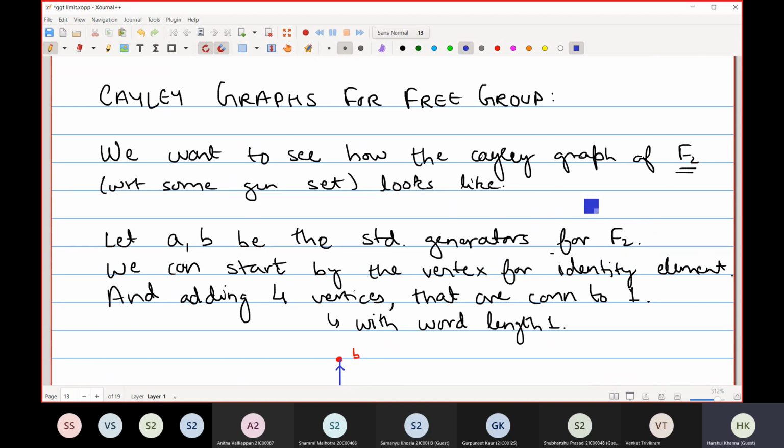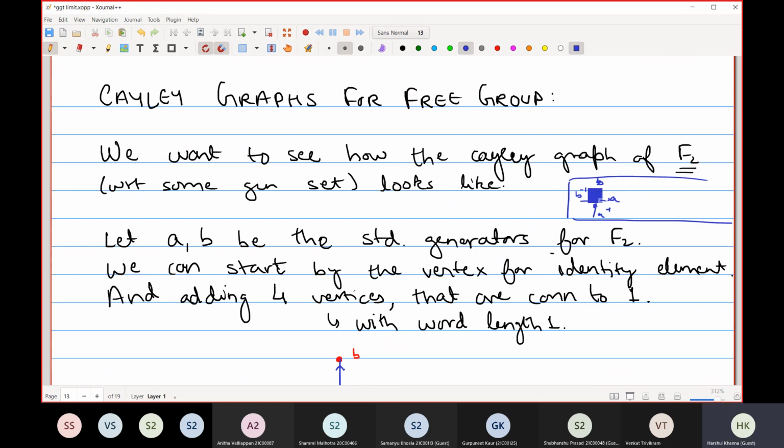So I have my identity element here, right? And what vertices can the identity element be connected to? It can be connected to your B, it can be connected to your A, and it can be connected to your A inverse and your B inverse.